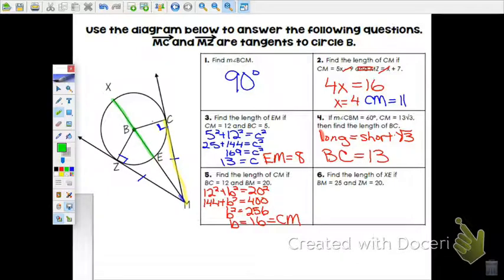If BM is 25 and ZM is 20. So what am I going to do with this one, so that I can find XE?